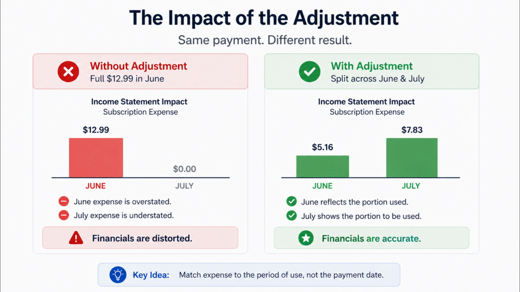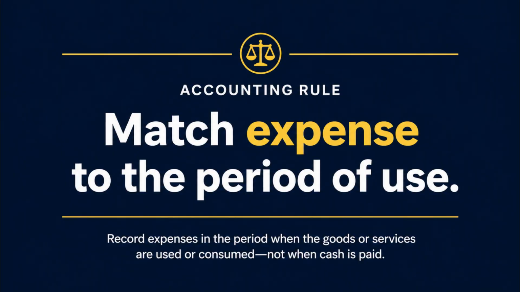Your financials become distorted, even though your cash is correct. So as a generalized rule, this applies to monthly subscriptions, annual memberships, insurance policies, and so on and so forth. Anytime a payment spans periods, you must split it into the portion from the payment to month end and from month end till the next payment.